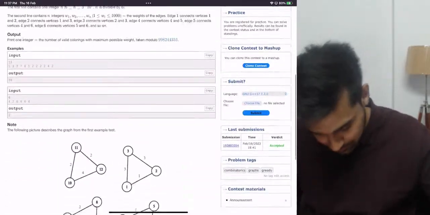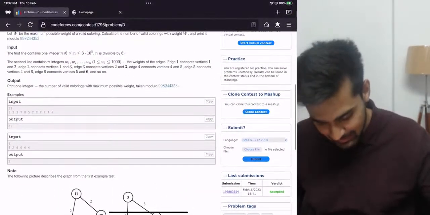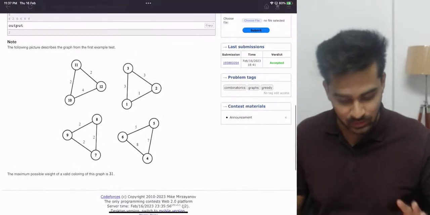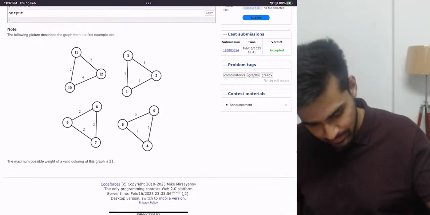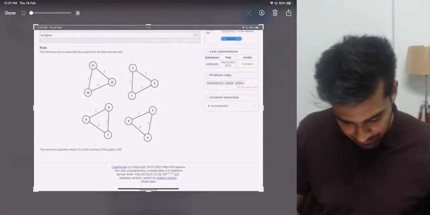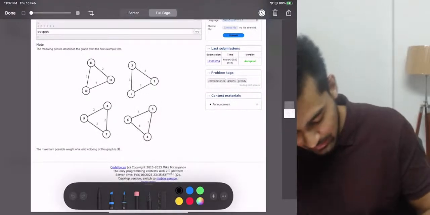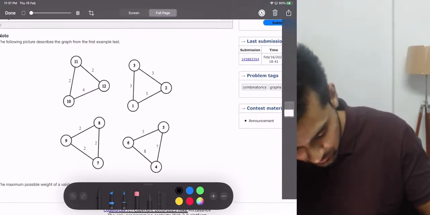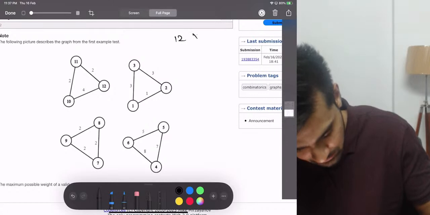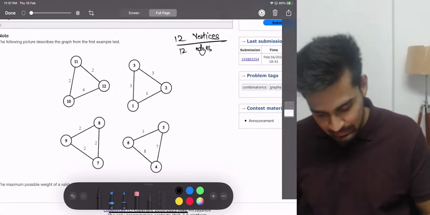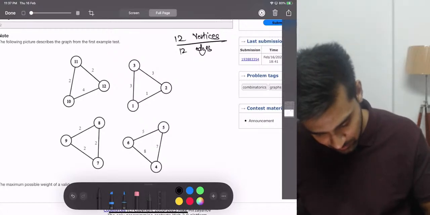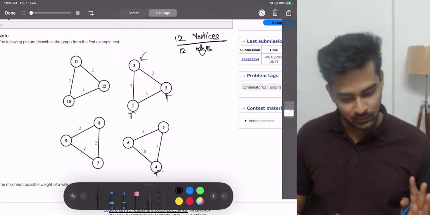Okay, so let me not waste time and explain from the very first input only what they're trying to say. So basically we had 12 vertices and 12 edges. These are the 12 vertices: 1, 2, 3, 4, 5, 6, and so on till 12.